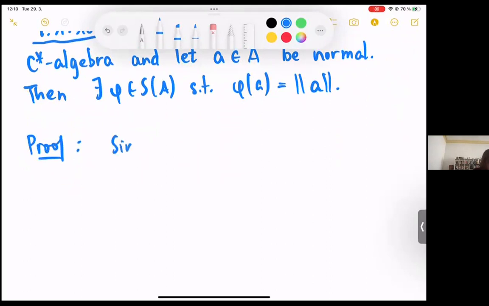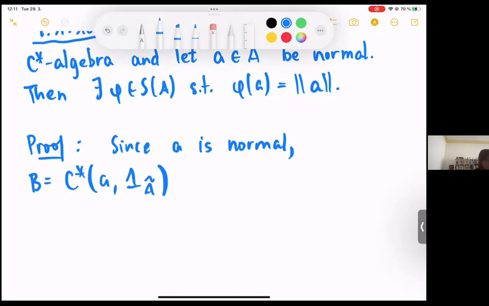Okay, since A is normal, the C-star subalgebra B generated by A and 1_A in the unitization is commutative.